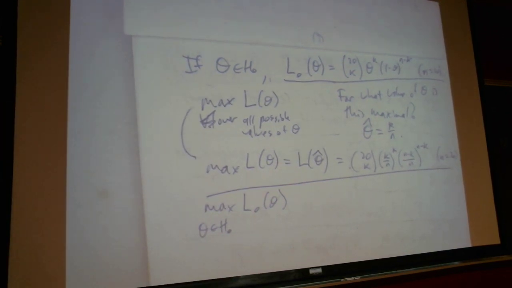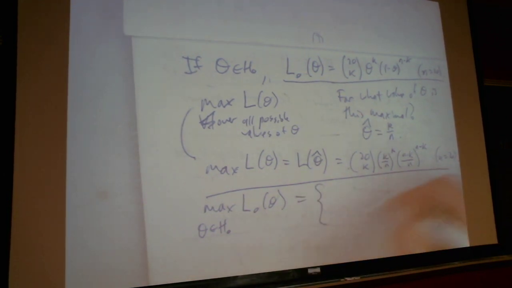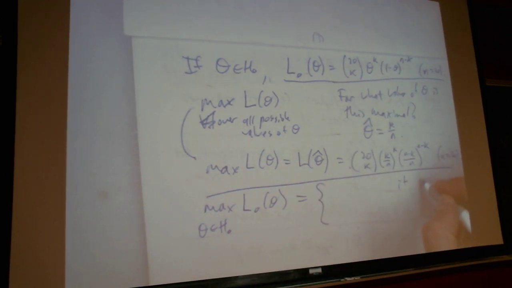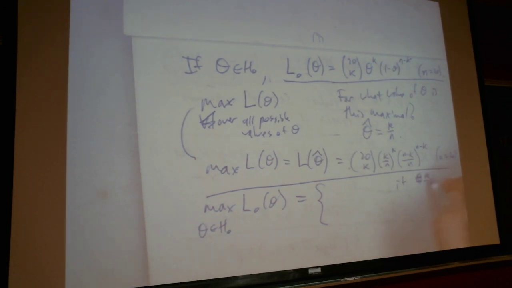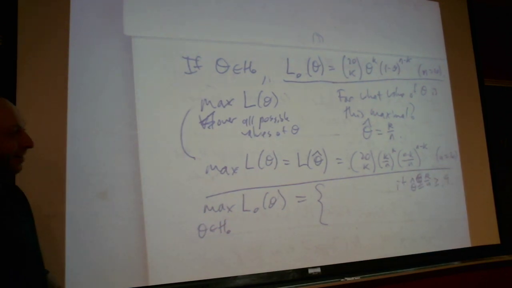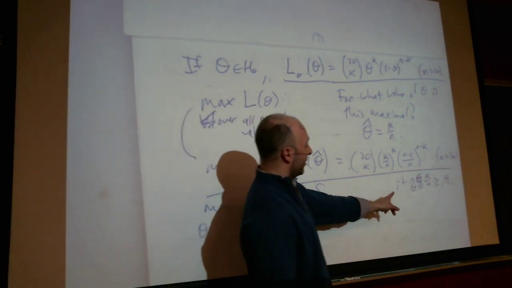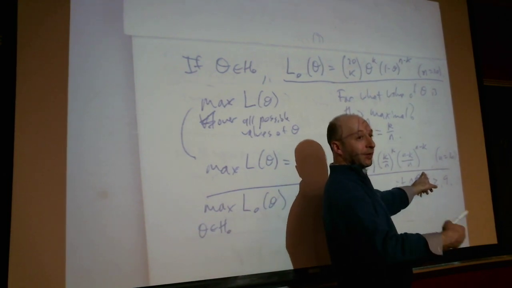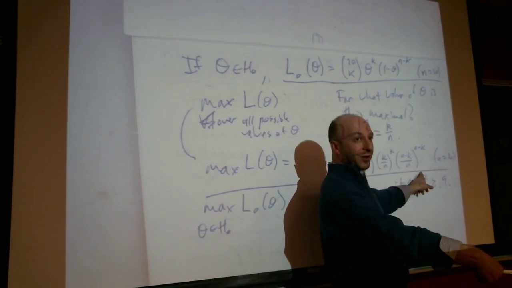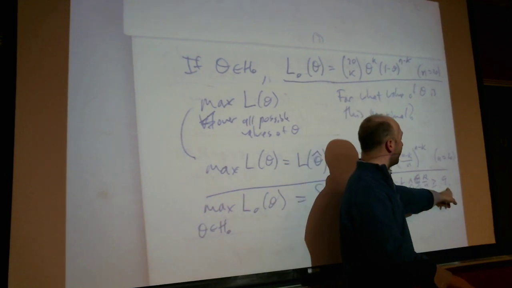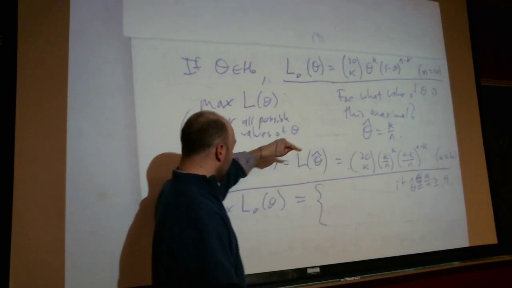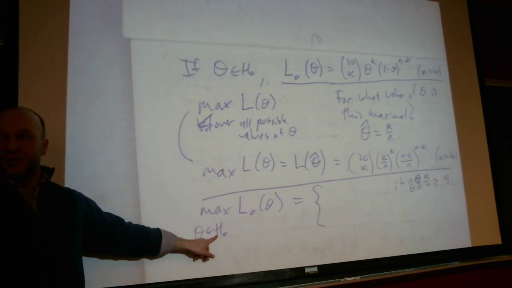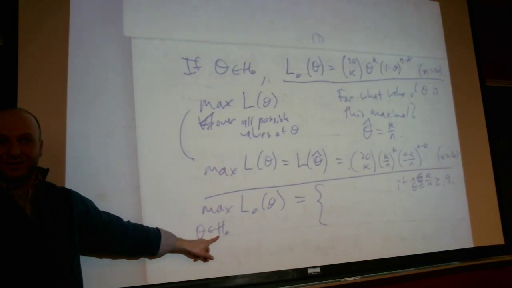So what if it just so happens that k over n, the observed optimal theta, is bigger than 0.9? If the optimal parameter theta hat that we observe, k is what we observe. K is how many of the coin flips we actually saw. If that ratio is bigger than 0.9, then this optimal value is inside the range of possible optimal values for the null hypothesis.